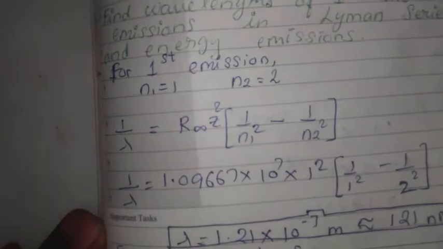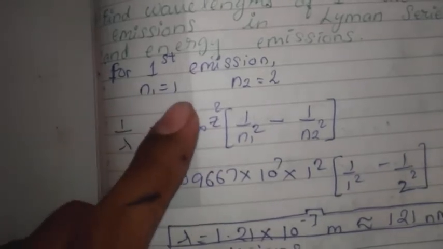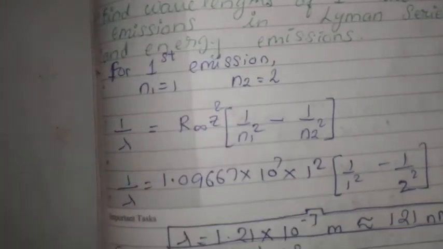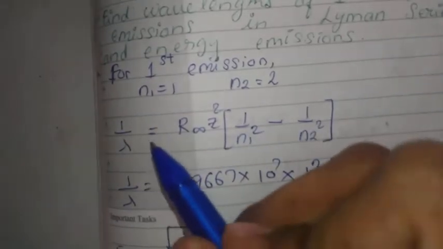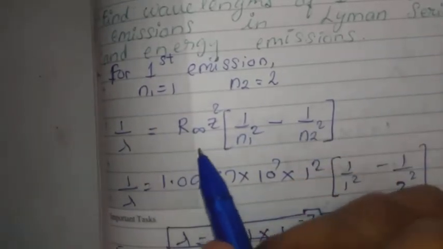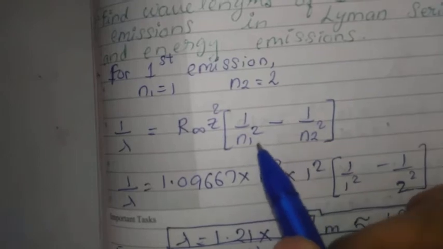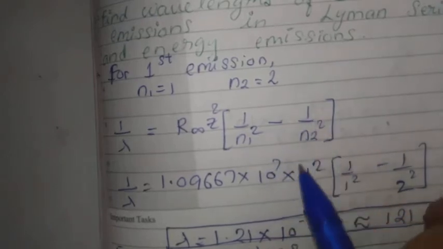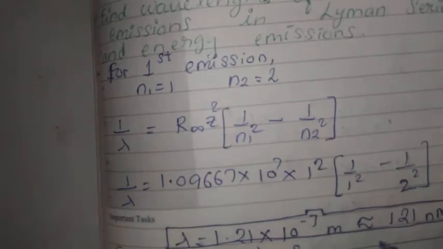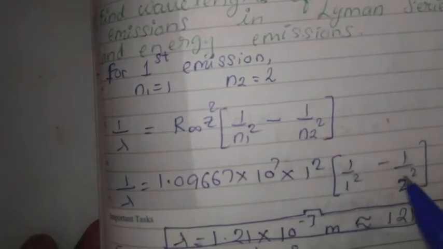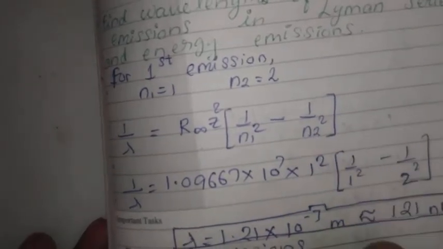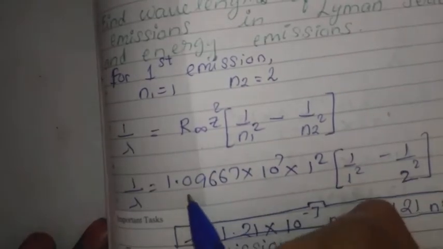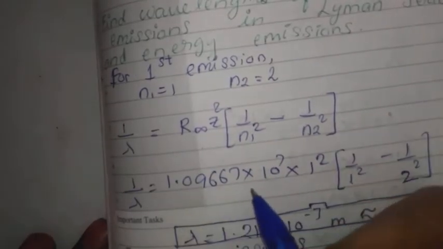So for the first emission, n1 is equal to 1 and n2 equals 2. By Rydberg's formula, 1 by lambda is equal to R infinity Z square into (1 by n1 square minus 1 by n2 square). Putting in all the values, n1 equals 1, n2 equals 2, and R equals 1.09667 into 10 to the power 7.